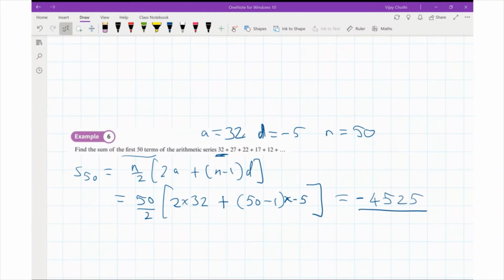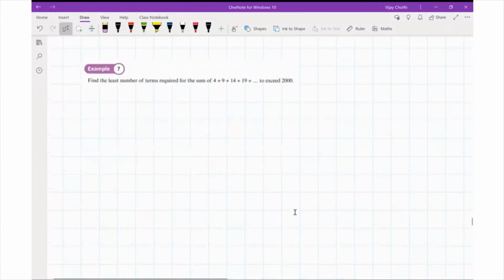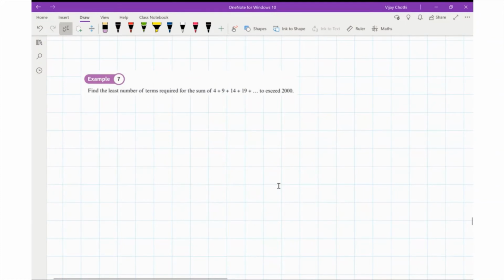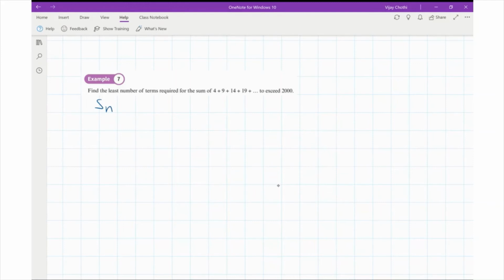The other one they have, okay, slightly different one. I don't like what they've done in the book. Find the least number of terms required for the sum to exceed 2000. So you want to know when this sum goes beyond 2000. So the question is asking you to solve Sn, when is the sum greater than 2000?